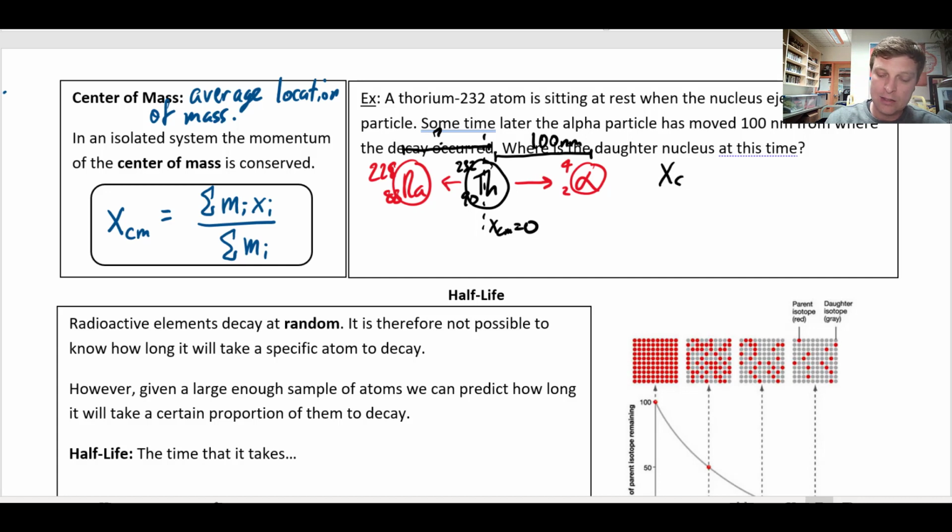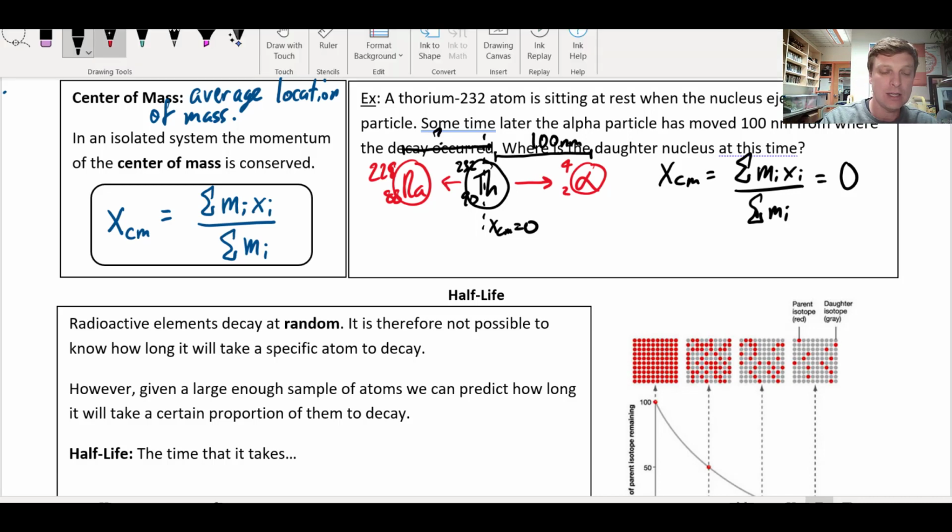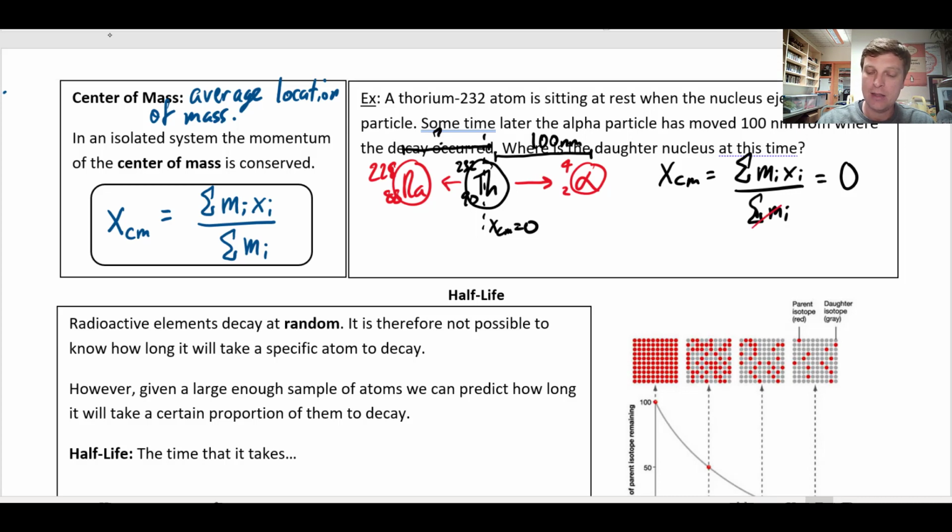Well, if x, the center of mass, is equal to the sum of the individual masses times their positions divided by the total mass, the center of mass initially is at 0, and it needs to stay at 0 in total. Each particle might move, but the total center of mass of the system is still going to be at 0. So I can actually eliminate the denominator and solve and say then the sum of my masses times their positions must add up to 0.